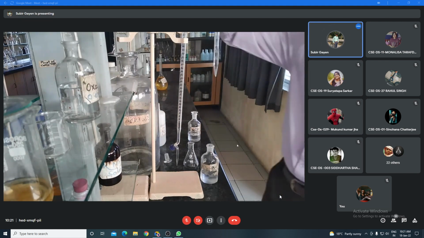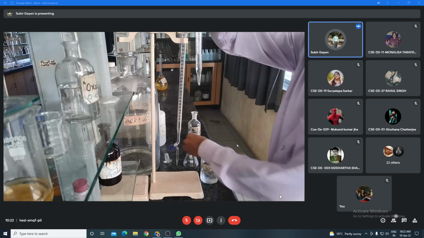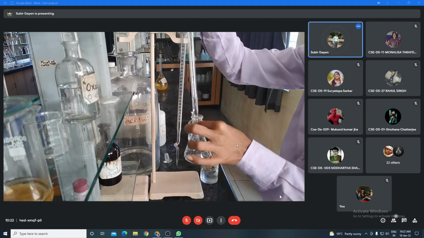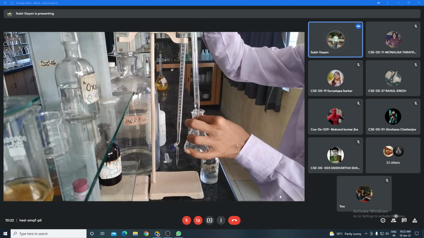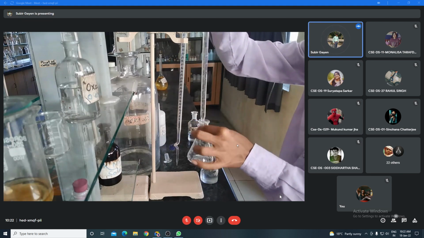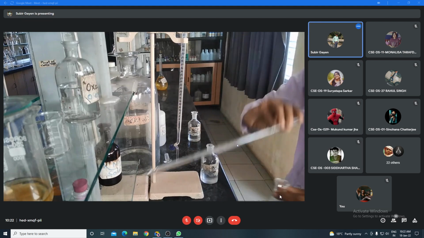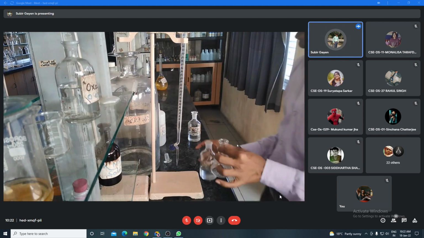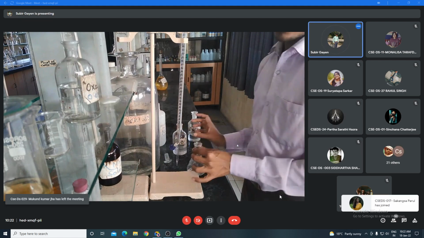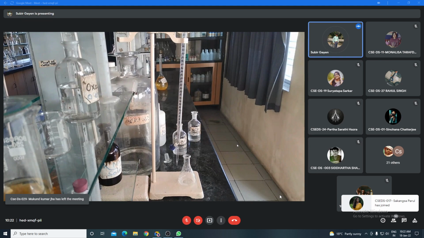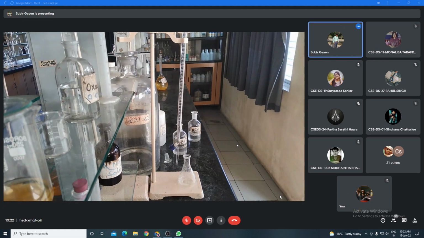See, this is the lower layer, that is the aqueous layer. Into this layer, add one drop of the indicator.